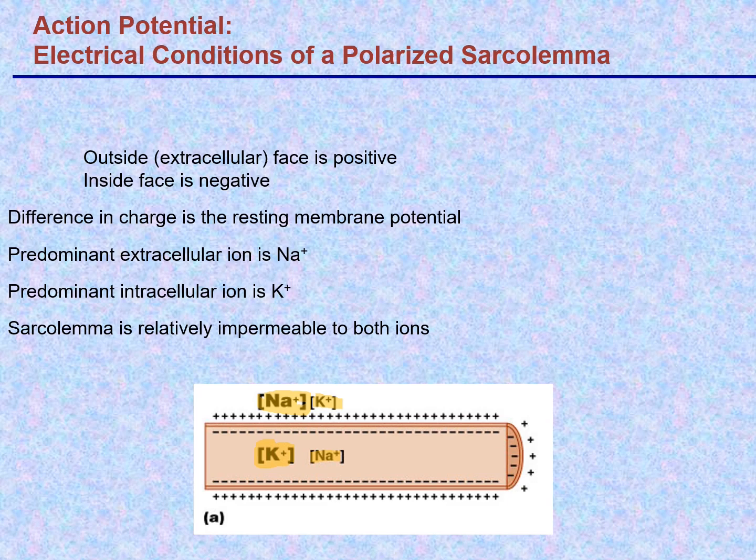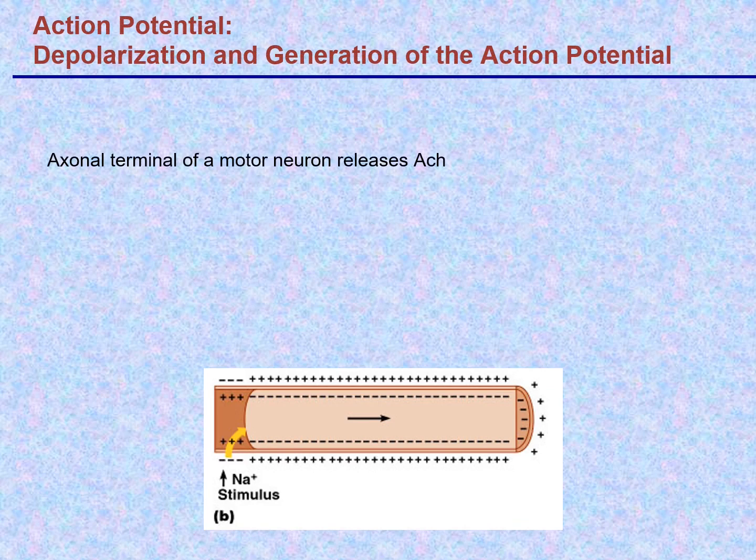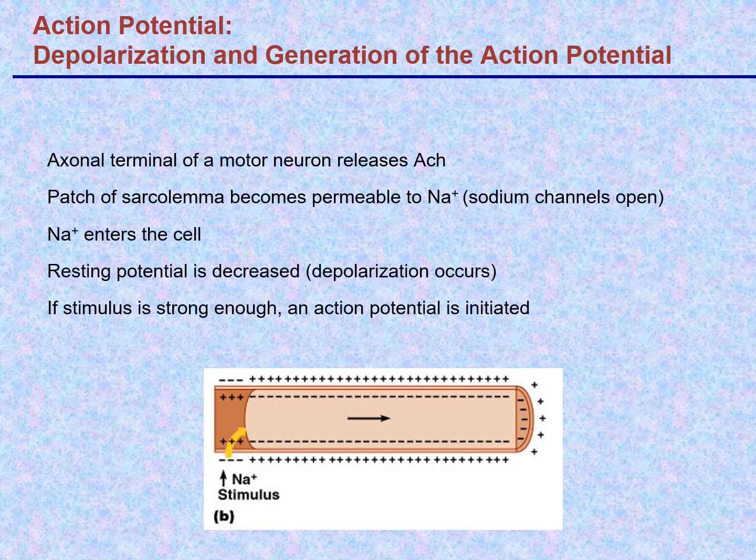Normally, the sarcolemma, the plasma membrane of the skeletal muscle fiber, is impermeable to both. However, with the release of acetylcholine, you get an increase in sodium channels opening, so sodium enters, and you get depolarization. It goes more positive because of that positive sodium accumulation.